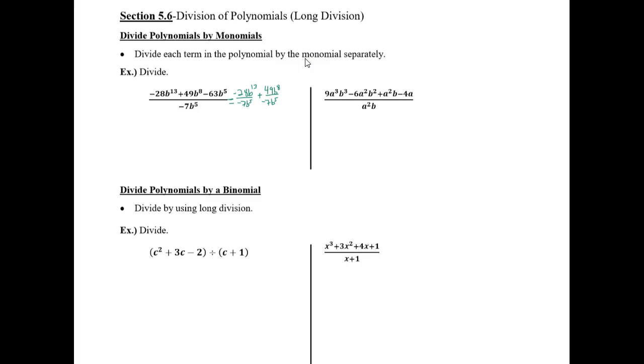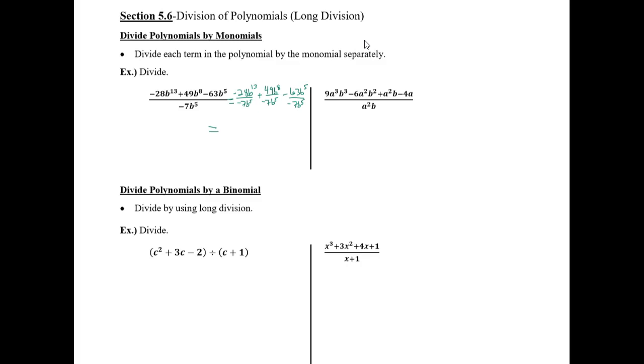Everything in the numerator is being divided by that negative 7b to the 5th. And then minus 63b to the 5th divided by negative 7b to the 5th. You have to make sure you divide every single term in the numerator by that one term in the denominator. And then the result is what that equals.